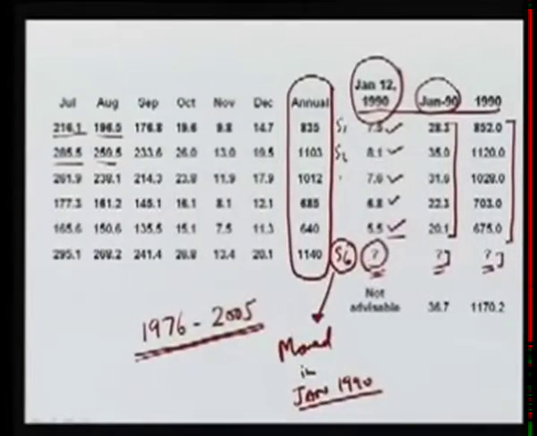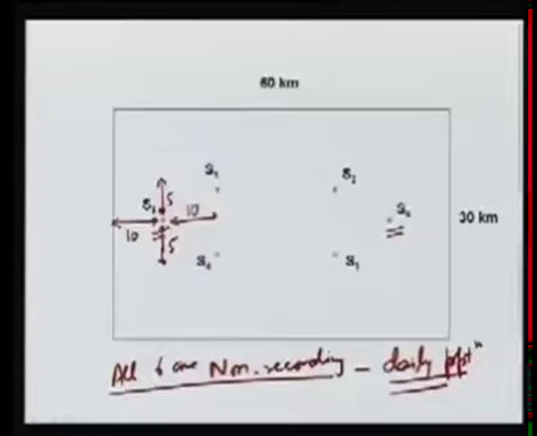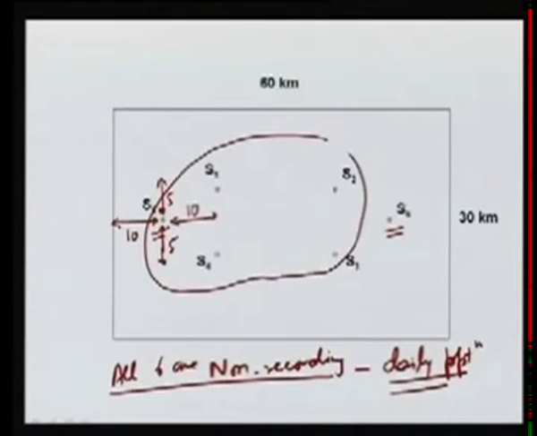Now if we look at 1 day, January 12, 1990, we want to estimate what would be the rainfall on this date at station S6, which we could not measure. This is not advisable, because for a single day typically the rainfall will occur because of a storm which may not be uniform over the area. So that storm, for example, may be occurring like this.